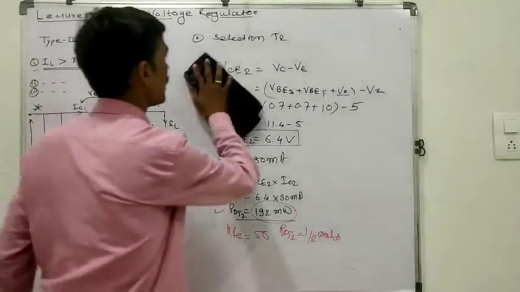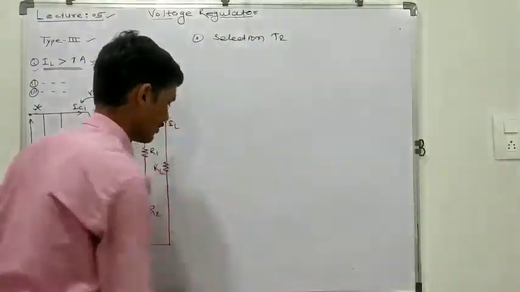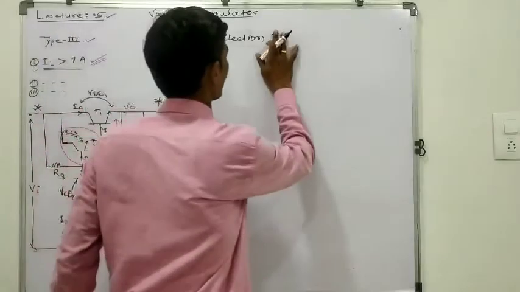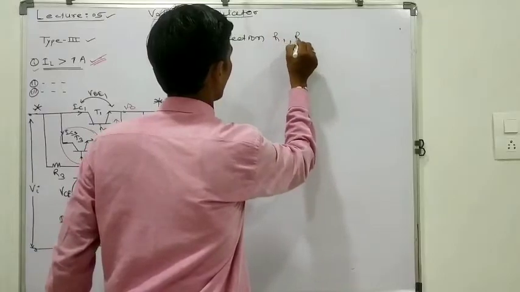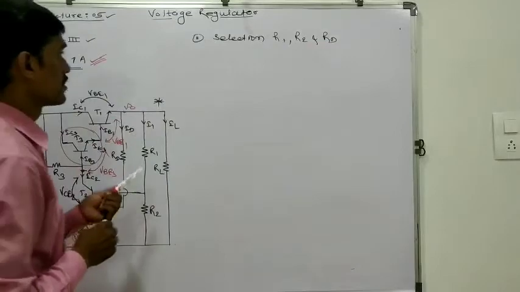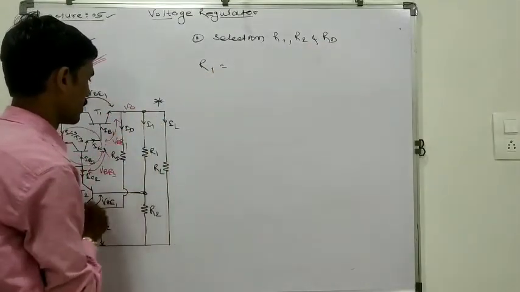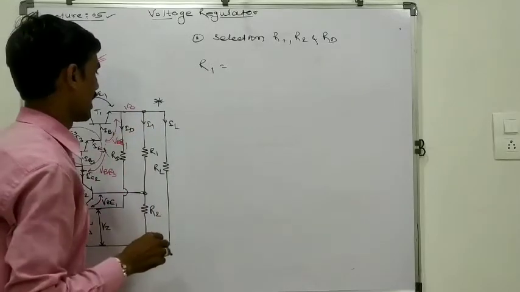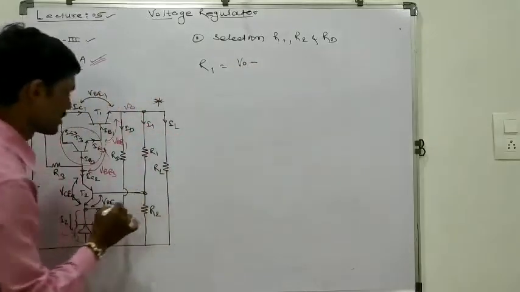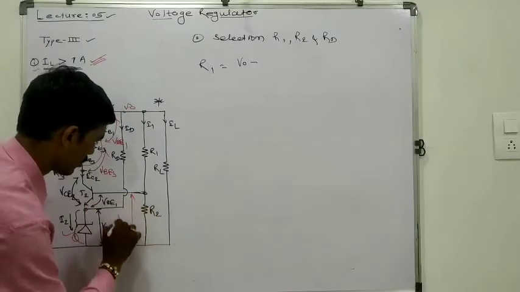Now the next step is to select R1, R2 and RD. First of all, selection of R1. Again for R1, it is the voltage available at this point minus the voltage available at this point, divided by I1. So VO minus VF.